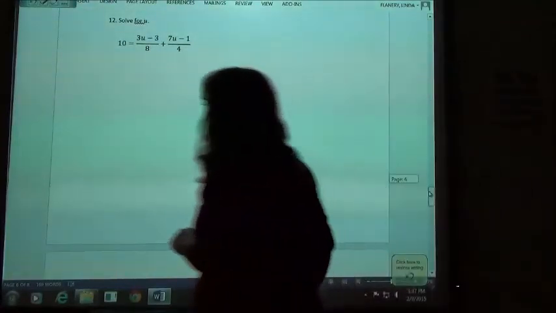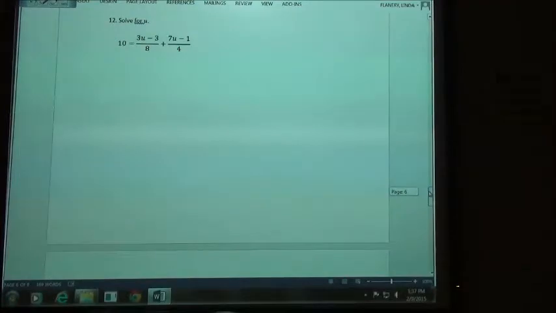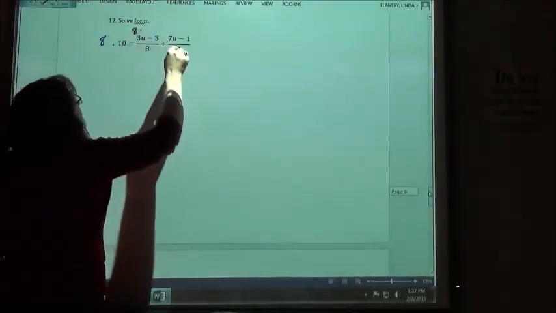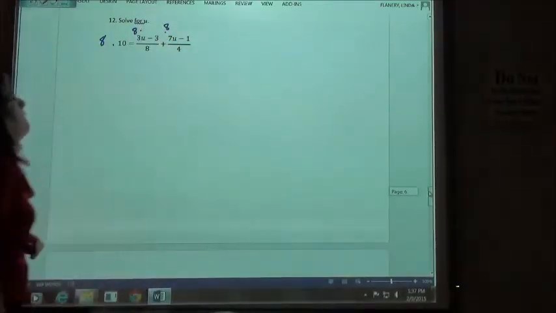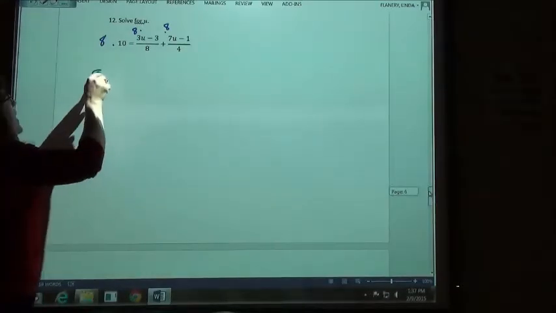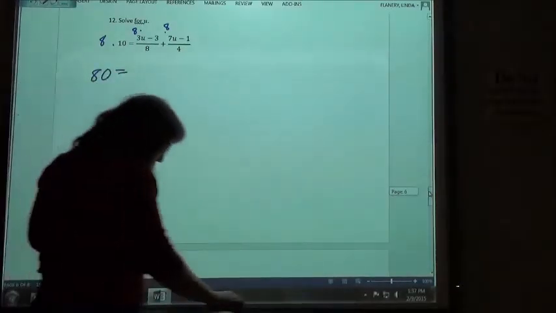Number 12. Same kind of thing, has all those fractions in it. First thing I want to do is get rid of the fractions, so I'm going to multiply by 8, exactly. Times 8, times 8 here, times 8 here. So 8 times 10 is 80. 80 is going to equal.